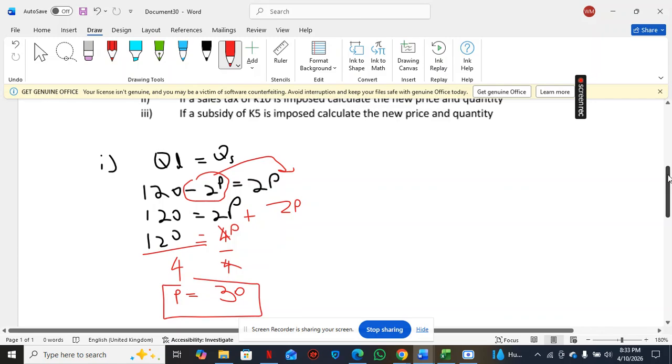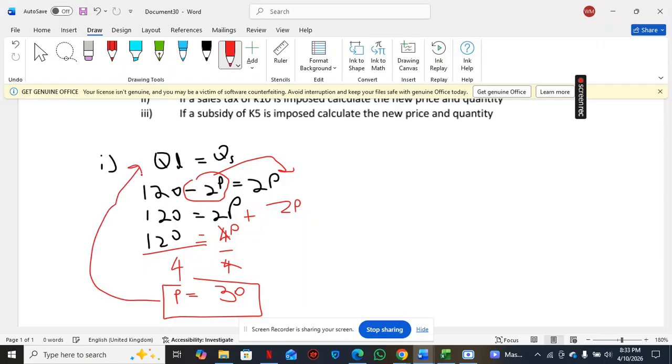So now I want to find the equilibrium quantity. So this P was 30. If you want, you can substitute it into the demand function, or you can substitute it into the supply function. So we substitute P equals 30 in the demand function. QD equals 120 minus 2P.